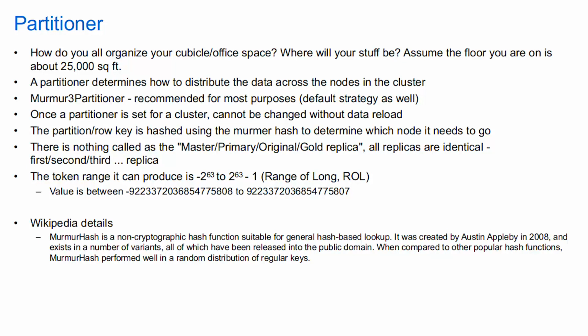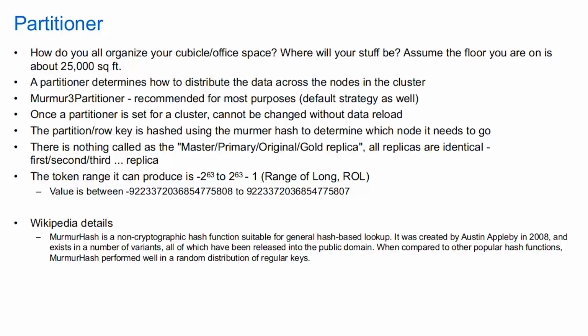You don't take your family photographs and put it in the same directory where you store your office files or your financial data. That's called partitioning. You partition the data, you group your data, and you store the data that is related to each other in a specific location. So you know for a fact you can find that data rather quickly by jumping to that location. So now the question is, how does this work in Cassandra?